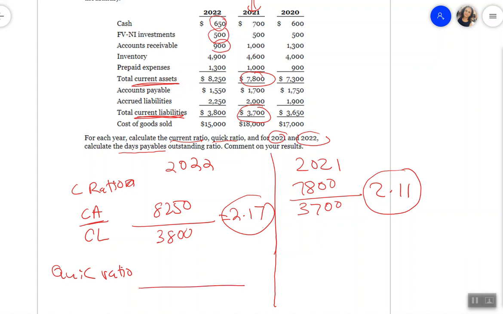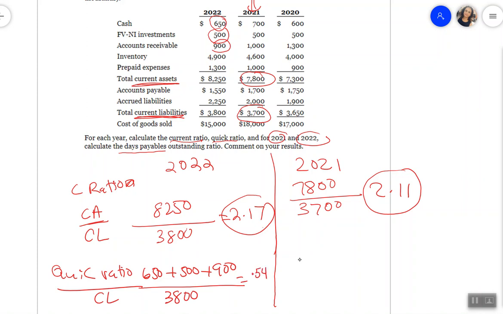So when you're doing the quick ratio, you're going to add the 650 plus your 500 plus your 900 divided by your current liability. In this case, your current liability is 3,800. That will give you 0.54.